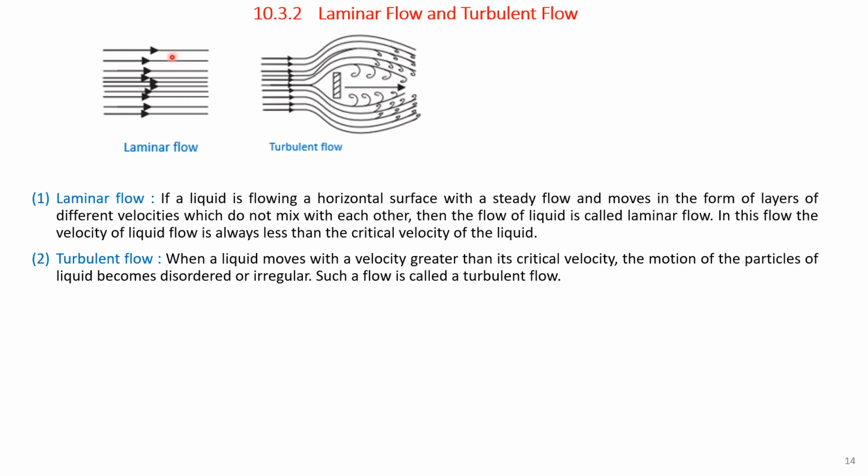If the liquid is flowing on a horizontal surface with a steady flow and moves in the form of layers of different velocities which do not mix with each other, then the flow of liquid is a laminar flow. So, the velocity of liquid flow is always less than the critical velocity of the liquid.